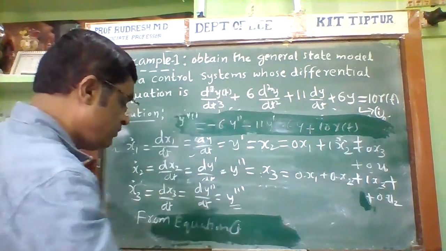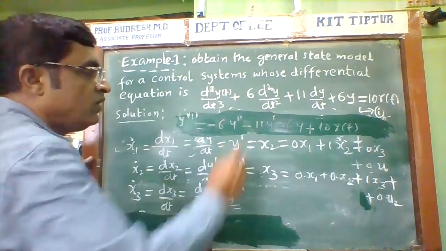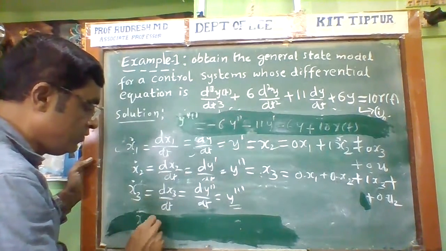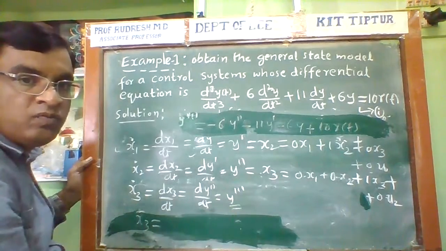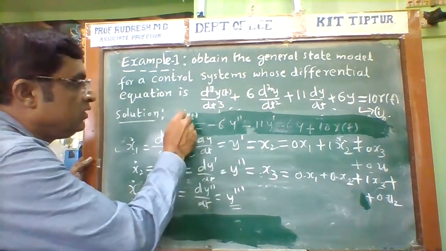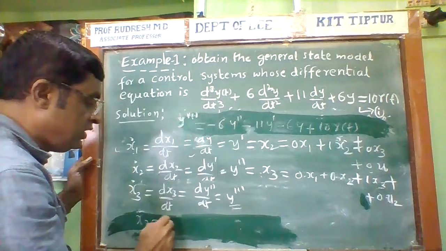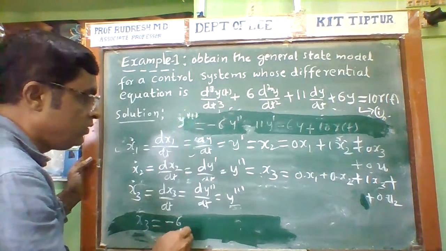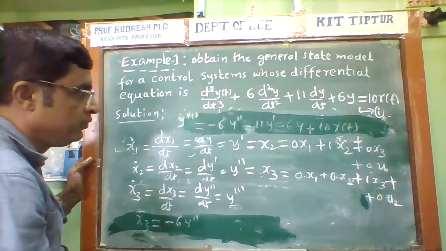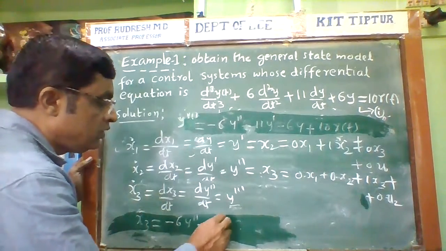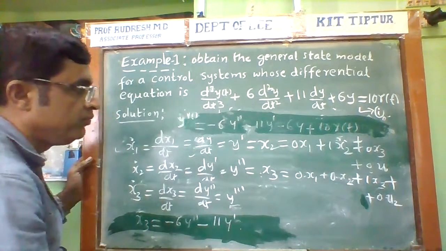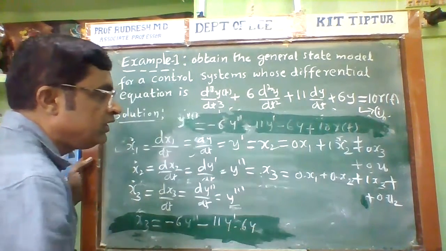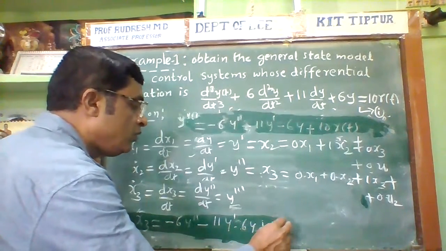Now this is the value from equation 1. x3 dash is equal to y triple dash, which is equal to minus 6 into y double dash, minus 11 into y dash, minus 6 into y, plus 10 into r of t.